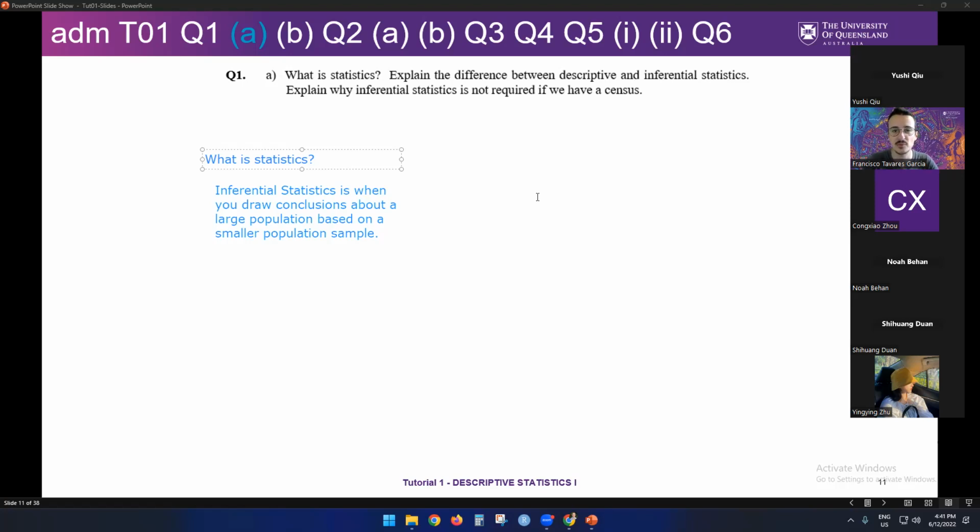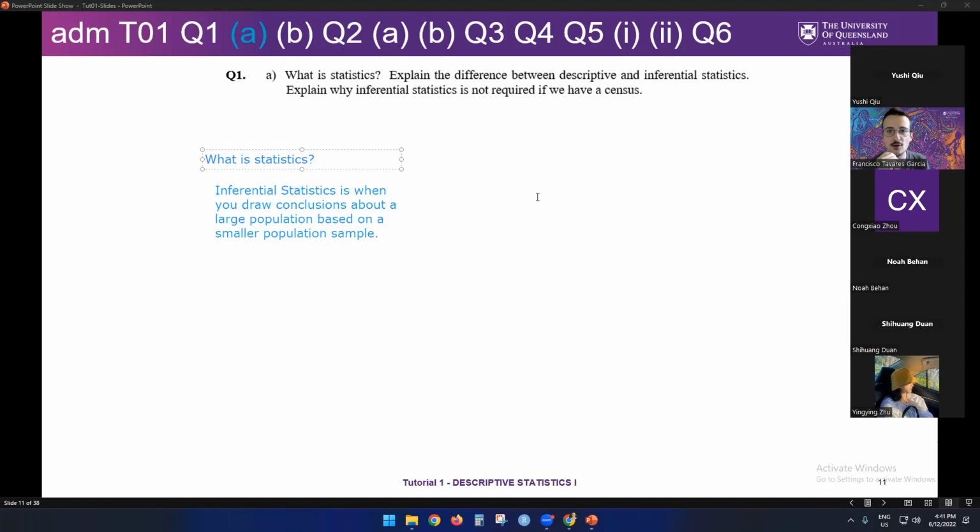That's exactly why we don't need to infer anything when we have a census, because we know the answer. We know what the parameter we're looking for in the population is, right? So what is the difference between descriptive statistics and inferential statistics?